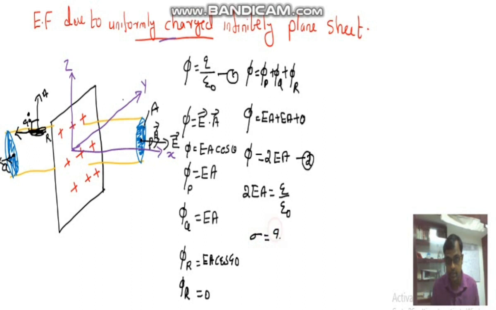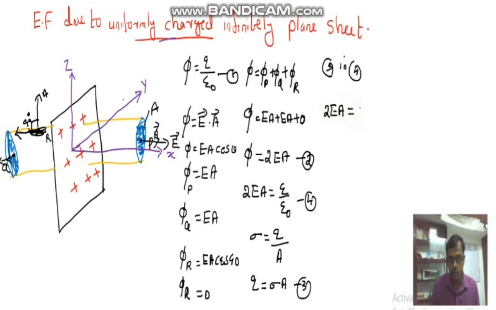Surface charge density is equal to charge per area. So for the total charge you can write Q is equal to sigma A. Equation number 3. Substitute equation number 3 into equation number 2, giving equation number 4.